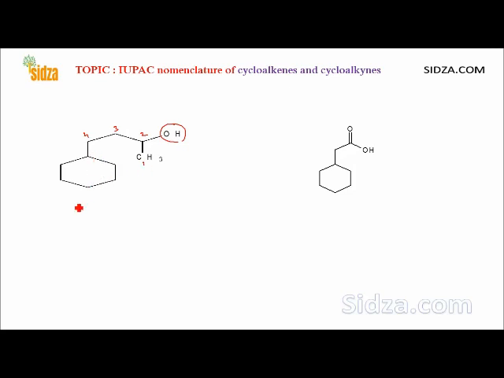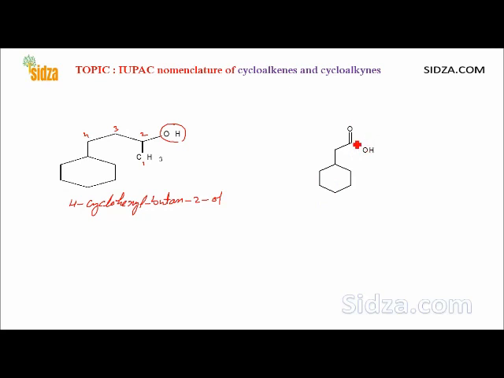So the name for this molecule will be 4-cyclohexylbutane, okay? This is the butanol actually. So we say that it is butan-2-ol, right? Why? Because the OH group is present on the carbon number 2. This is 4-cyclohexylbutan-2-ol.